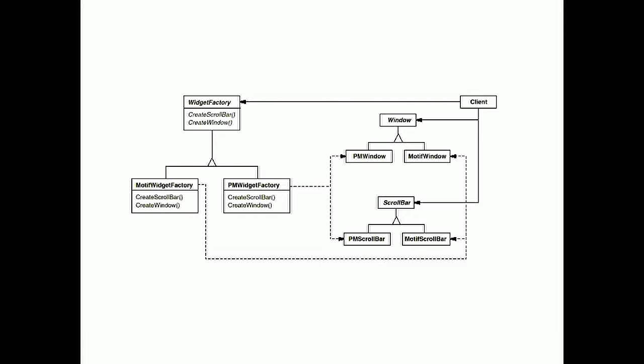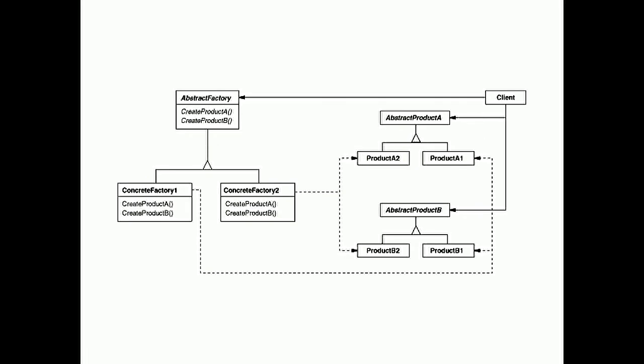And they have methods for creating abstract windows and scroll bars. So the client doesn't have to worry about what type of window or scroll bar is returned. The dependencies of the client is to the abstract classes window and scroll bar only.